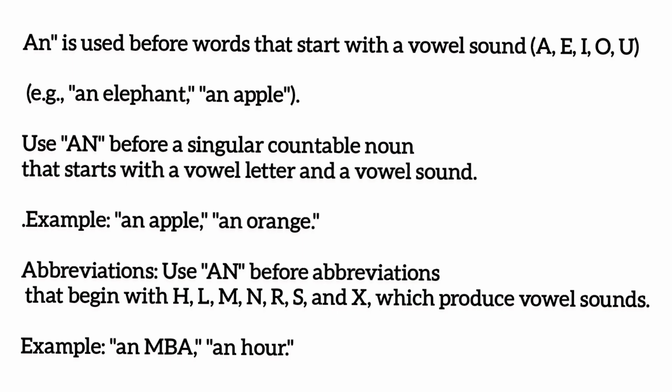Use an before abbreviations that begin with H, L, M, N, R, or S and X, which produce vowel sounds. For example, MBA, M, and R, H. So, an MBA and an R.